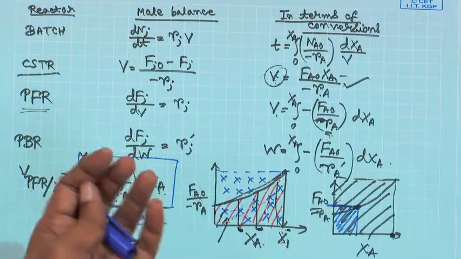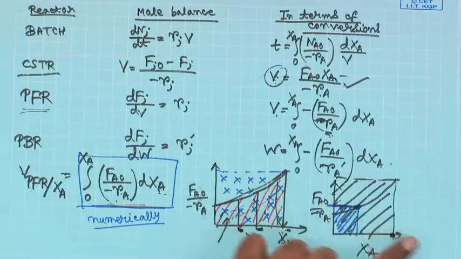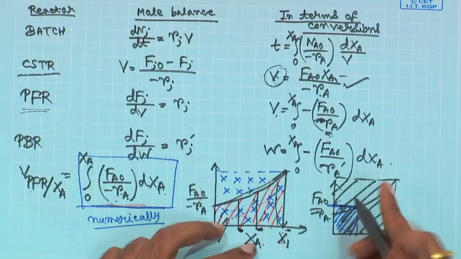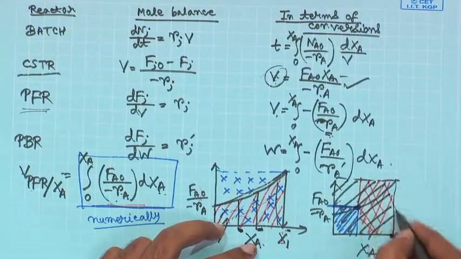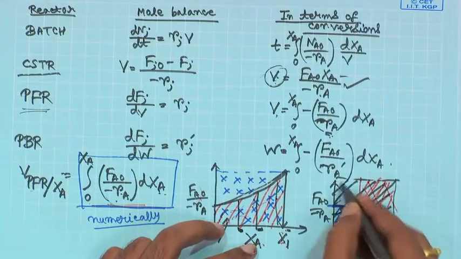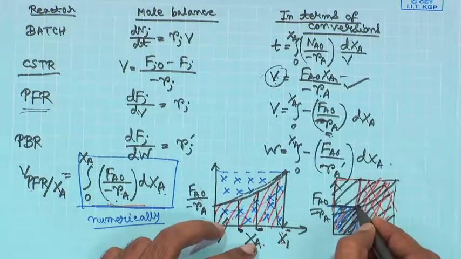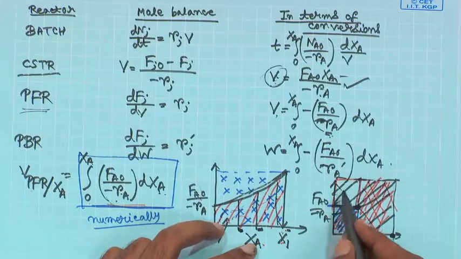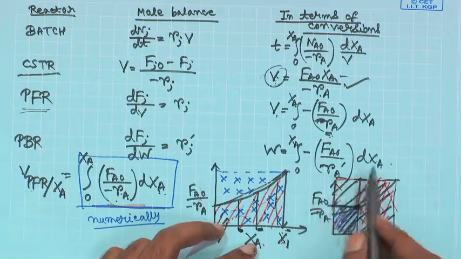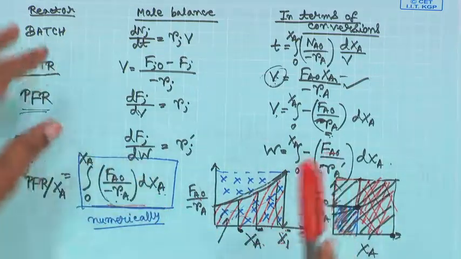For the second one, you start with this input and get this output, so the area will be this. The total area excludes this particular area, which means the total volume necessary will be lower than the volume of the individual CSTR if you are using only one CSTR. So graphically also you can show this.